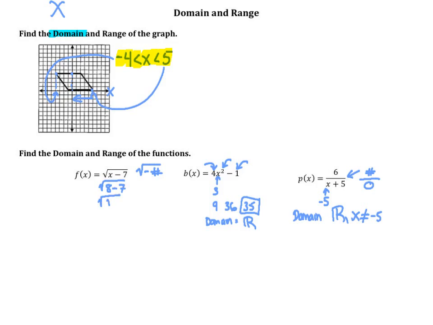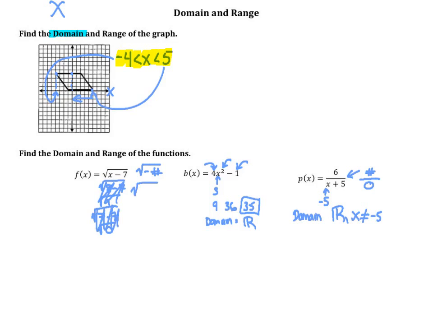And if you took your calculator and took the square root of 1, you would get an answer. Now, what if you took the square root of 7 minus 7? That would be the square root of 0. And if you took your calculator, you would get an answer for the square root of 0. So that works.